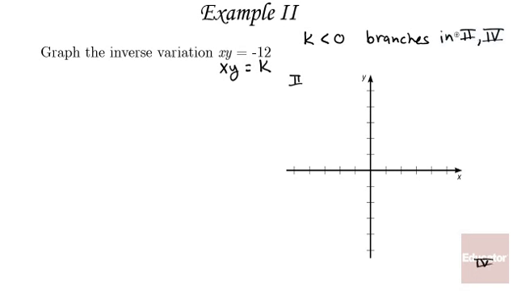And there's no restriction put on what x can be or what y can be, so I'm going to use both negative and positive values for x to make sure that I get both branches of the graph. So let's pick some values. And solving for y here, I'm going to get y equals negative 12 divided by x.